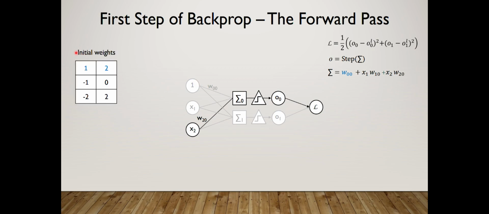So let's start. First, we need some initial values for our weights. I use these stupid numbers here for the sake of this example. Normally in real life, you should always pick small values for the weights around 0, but not 0.